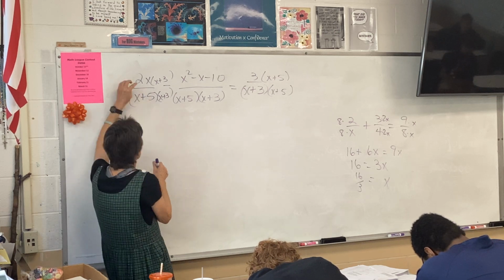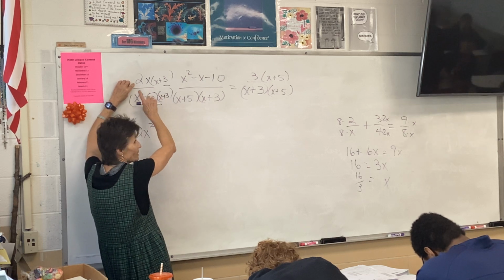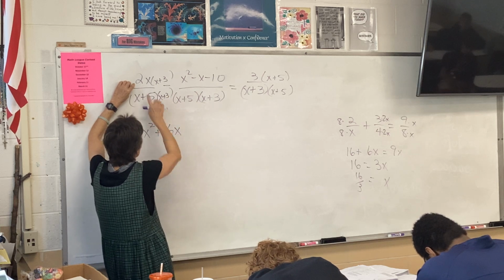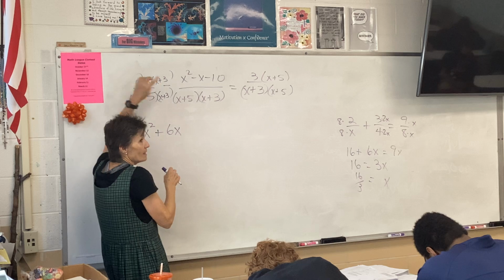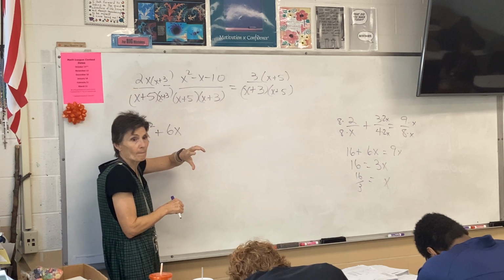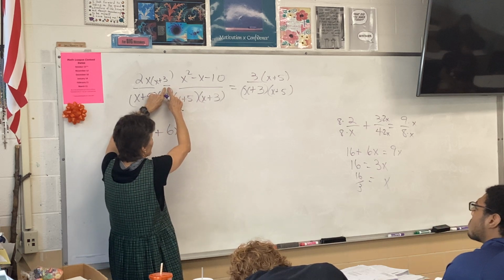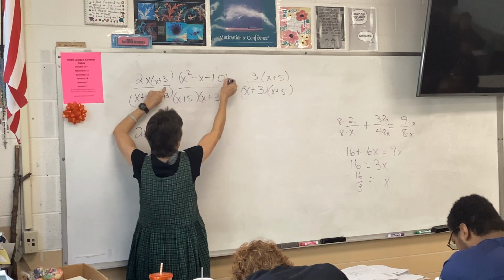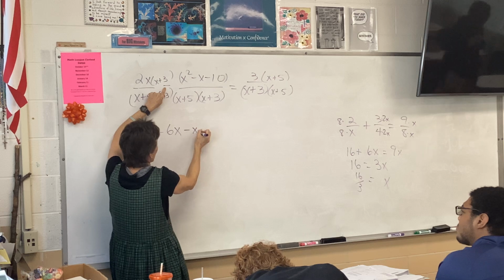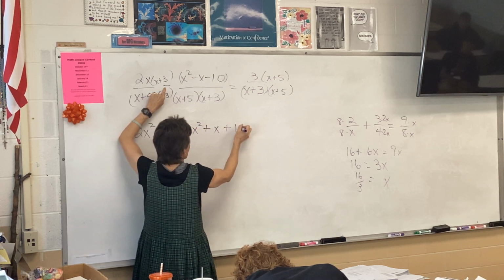All right, here we go. 2x squared, because I'm doing the distributive property, plus 6x. Now, here is where we have to be careful. This is a minus. So I am subtracting that whole thing. So it's gonna be minus x squared plus x plus 10.